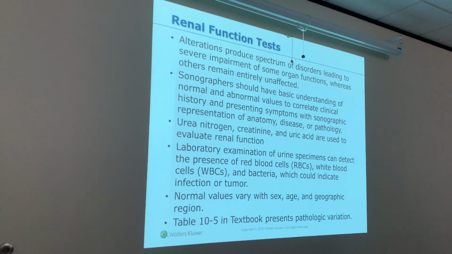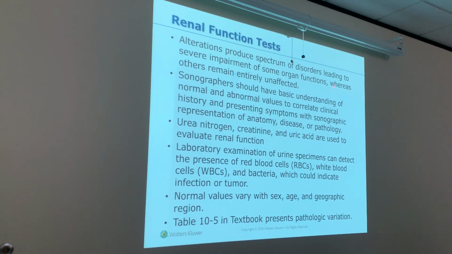Okay, that's that. For renal function tests, you have your red blood cells, your white blood cells, your creatinine, and your BUN, the blood urea nitrogen. Your urea nitrogen, creatinine, uric acid.